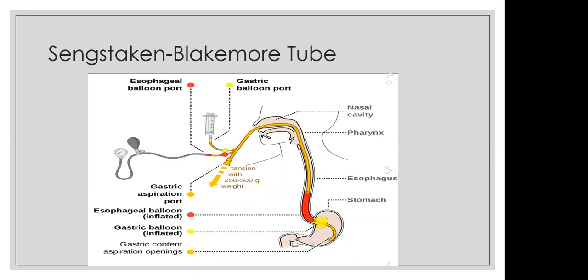Once you've inserted the tube, in order to stop the bleeding, you need to inflate the gastric balloon, which puts pressure on the esophagogastric junction, the varices that are there, and most of the time it stops the bleeding. But if the bleeding doesn't stop, then you can inflate the esophageal balloon. The gastric aspiration port just helps you to aspirate gastric contents.